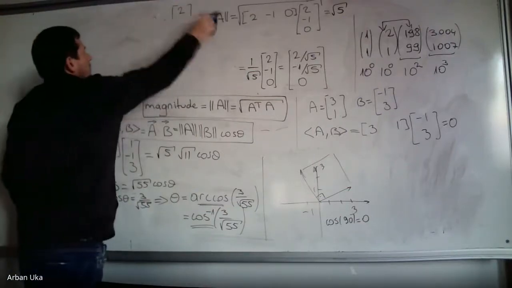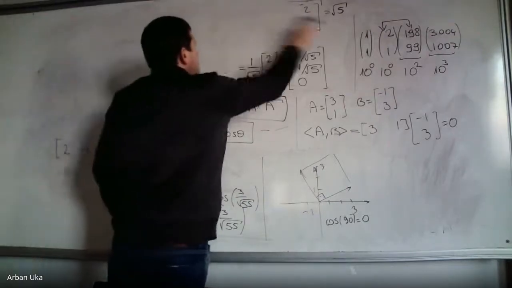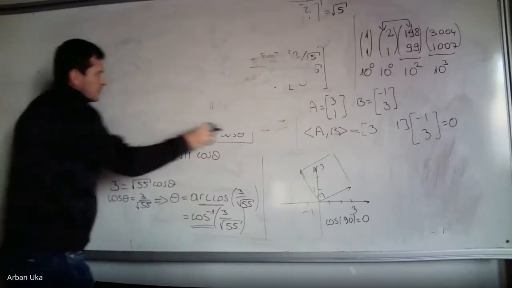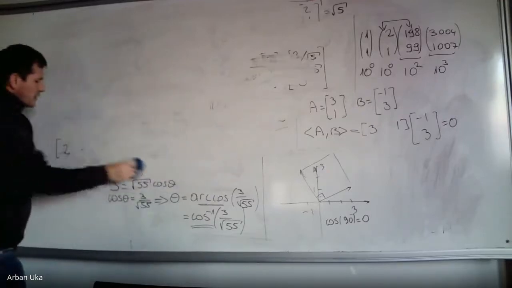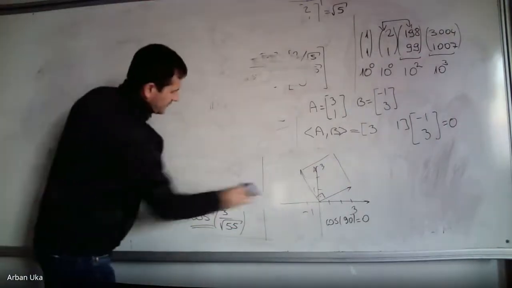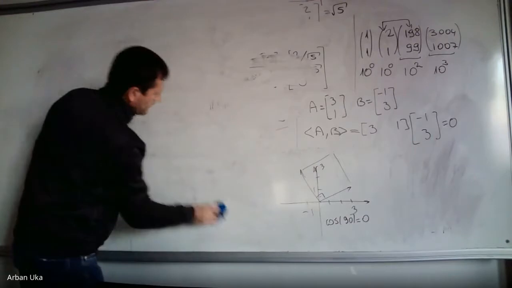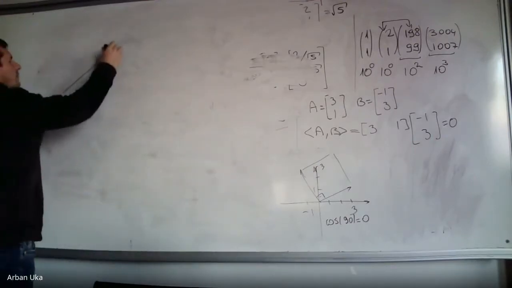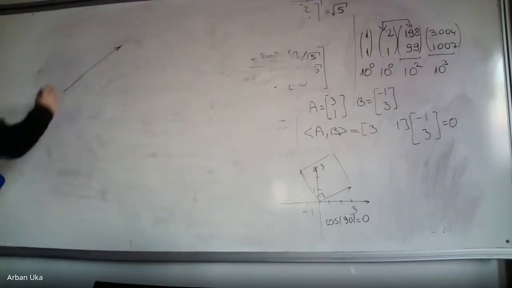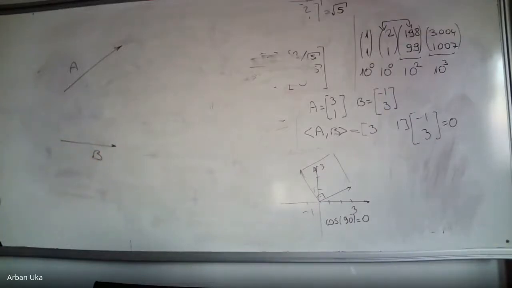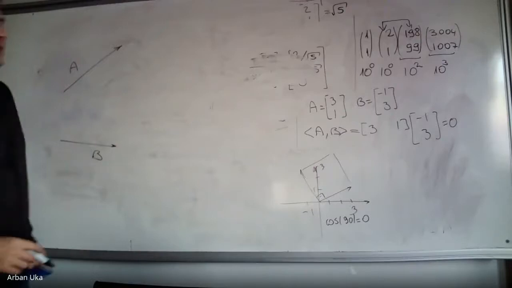Now, we know what we are doing so far, but just as a small reminder, for the vectors we should also know how to add them or subtract them. So here we can have a vector A, and we can have another vector B shown like this. Now, how can we add these two vectors, A plus B?